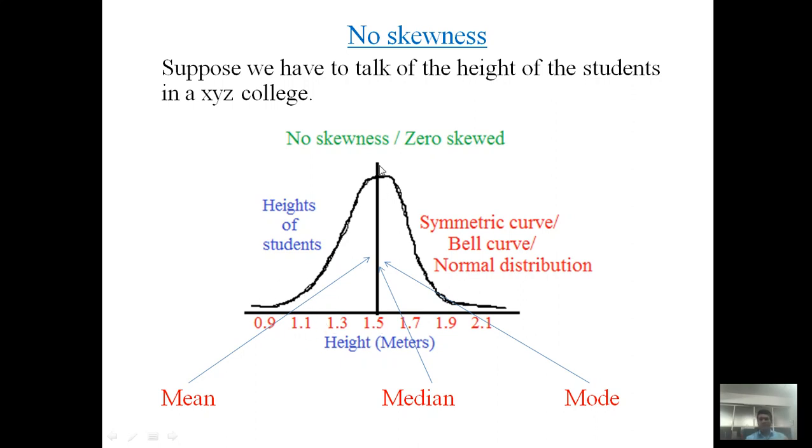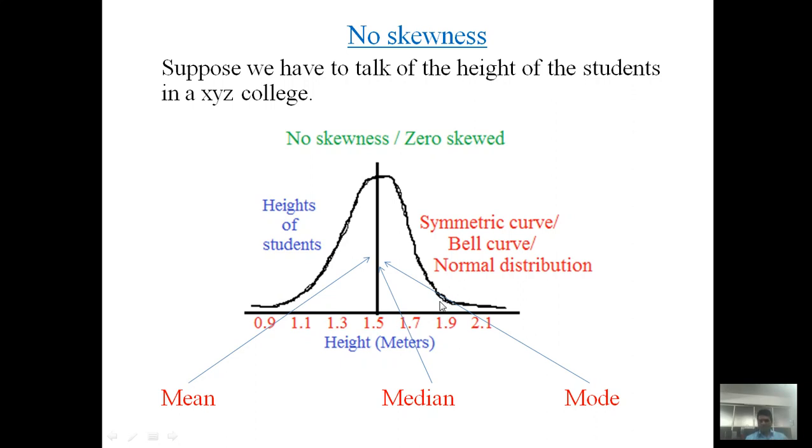In XYZ college, the major share of students has a height of 1.5 meter, so it takes the peak value. And again there are only a few students who are tallest.